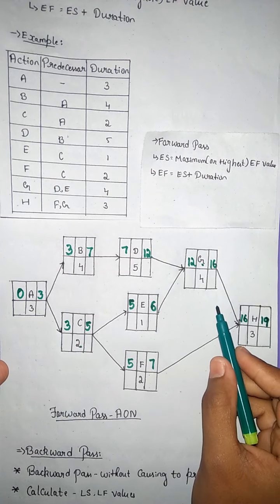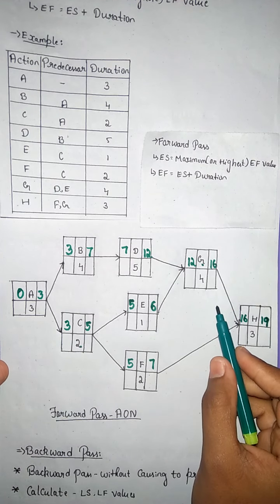Let's see the example. The same example, but in the backward pass, we move from right to left. So the late finish value will be 19. 19 minus 3 will be 16.